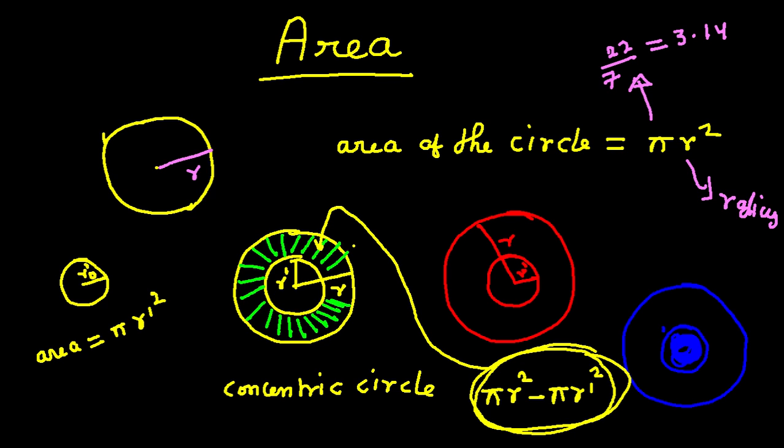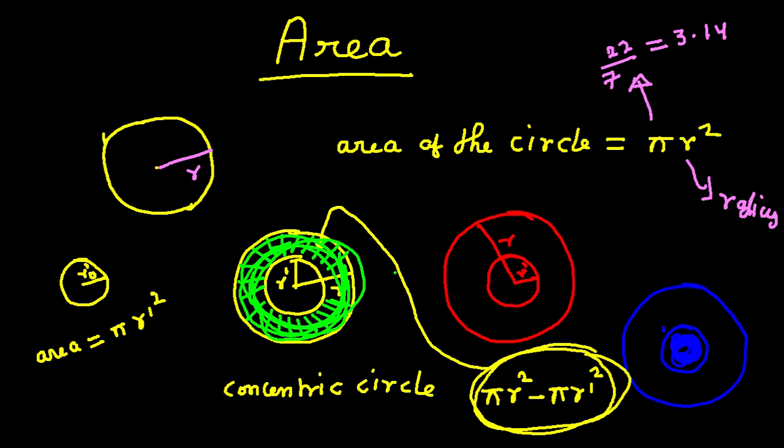This is the area that is required. So pi r square minus pi r dash square will be the shaded area. That is the requirement of us.